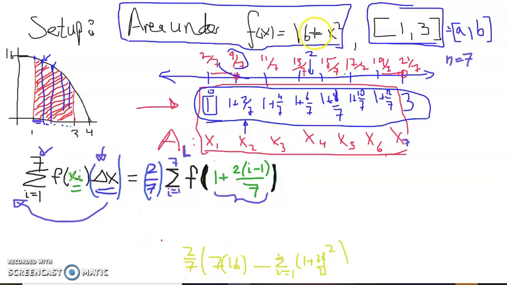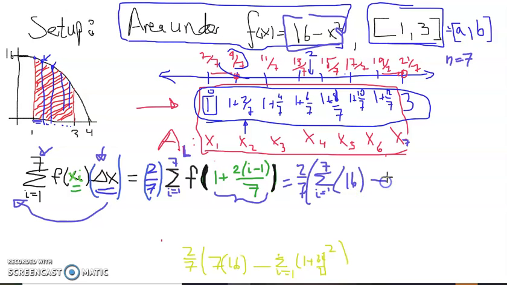Okay, so what we said in the last video is we actually plugged x sub i into this function, and we saw that what we got was 2/7 times the sum from 1 to 7 of 16 minus the sum from 1 to 7 of 1 plus, I'm going to actually write this out, 2i over 7 minus 2/7, and that's squared.